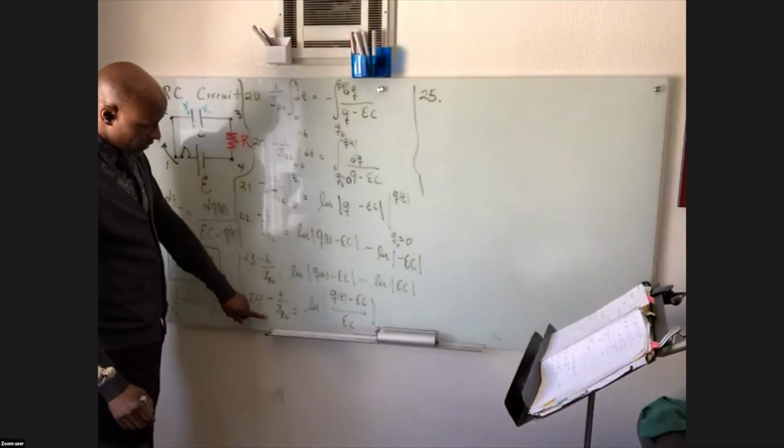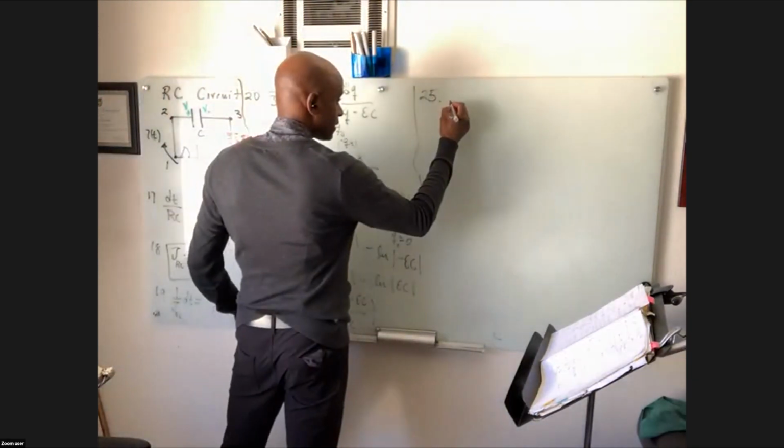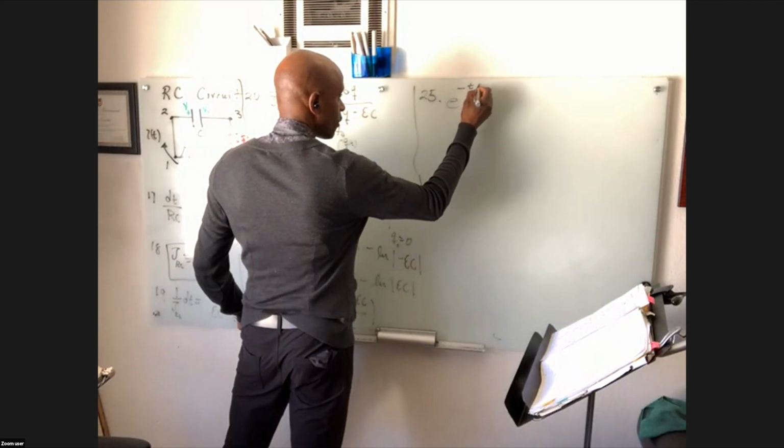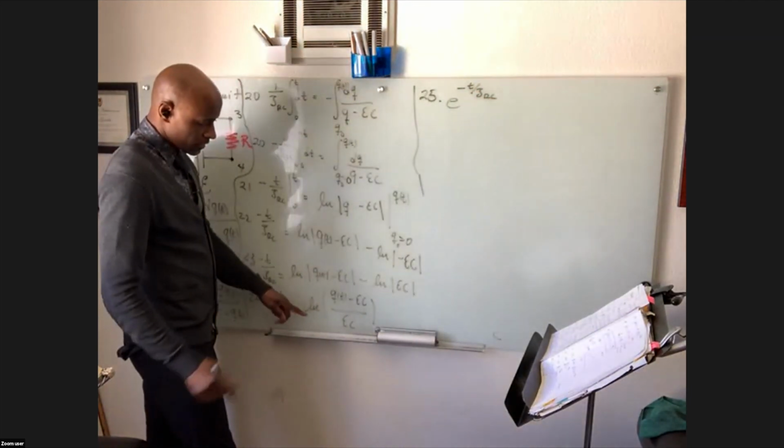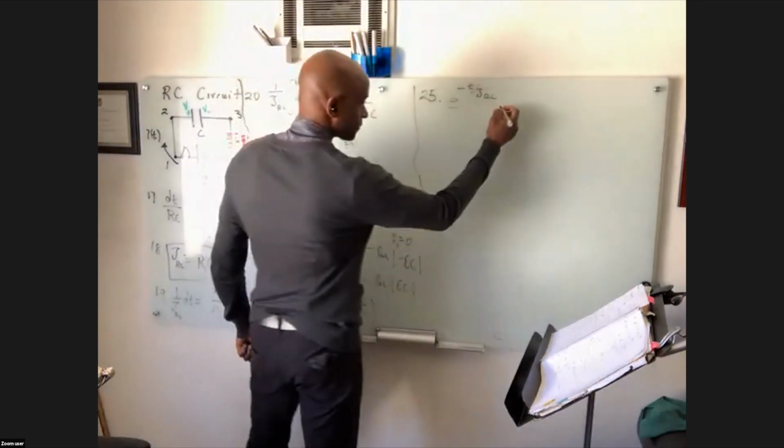So if I take the exponent on this side, I'm going to have e to the minus t over tau RC. And then e to the log just takes out the argument.